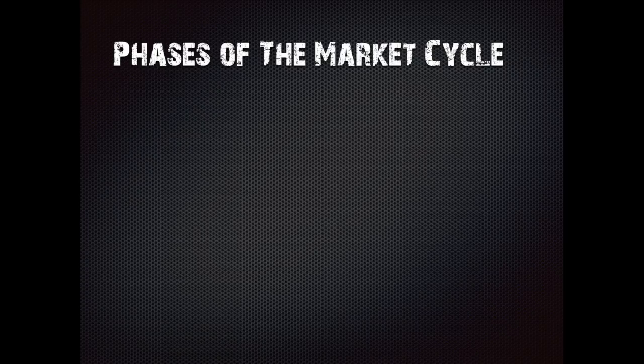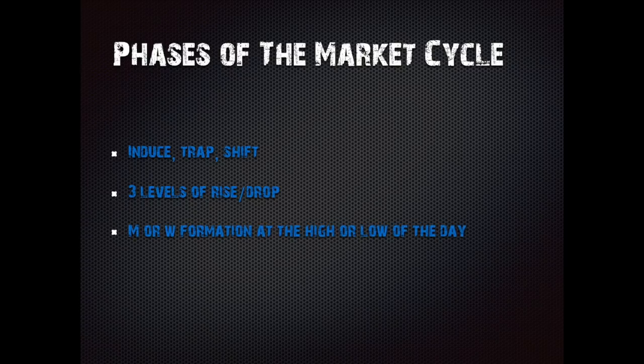So, what are the phases of the market maker cycle? The phases are basically induce, trap, and shift. There are 3 levels of rise or drop. There's an M or W formation at the high or low of the day that forms, and this is what we're looking to trade.